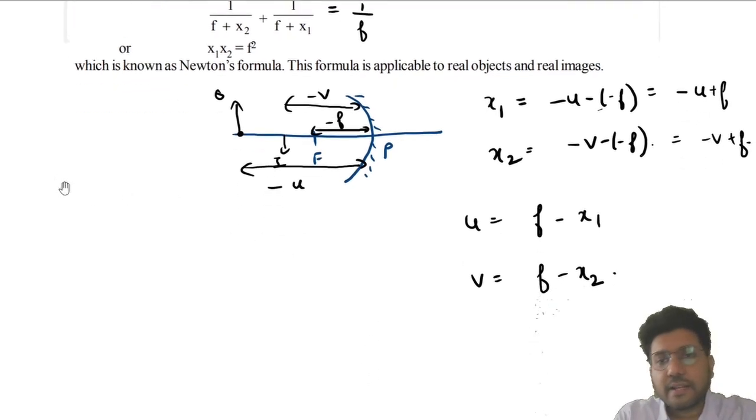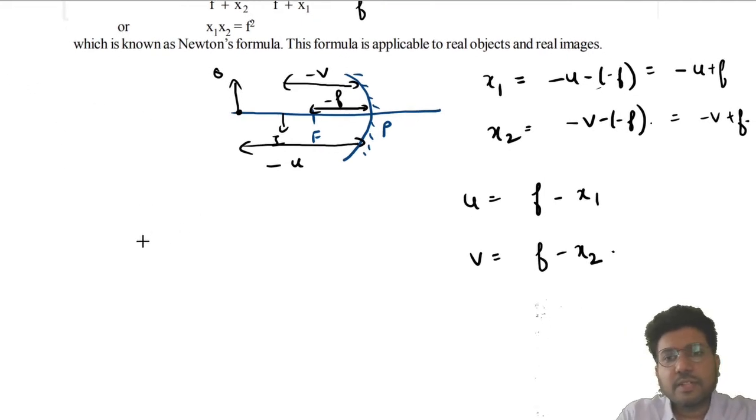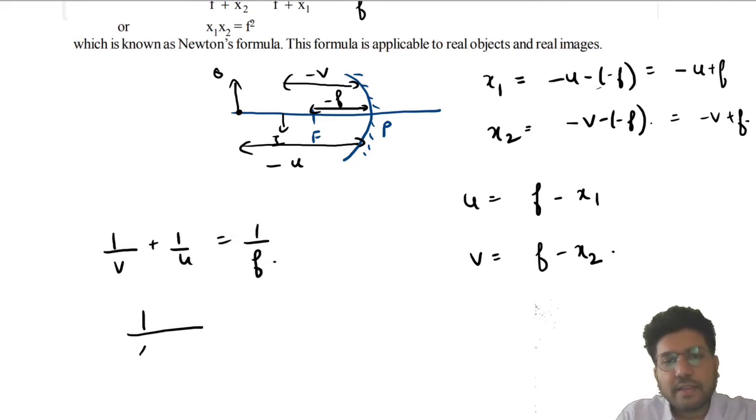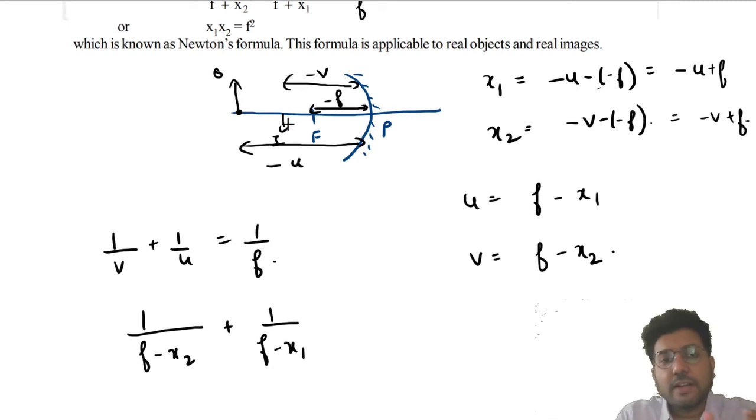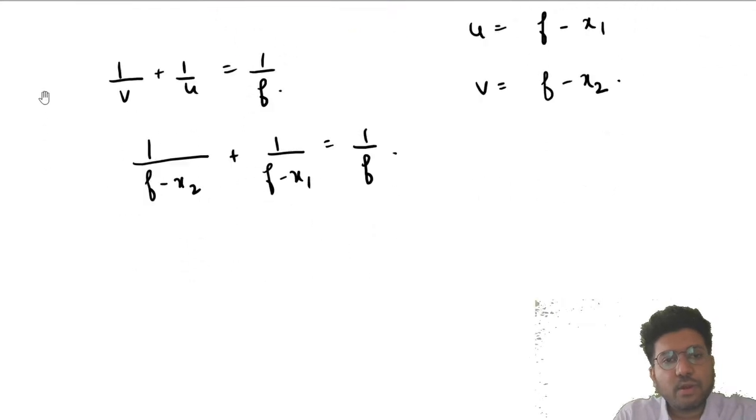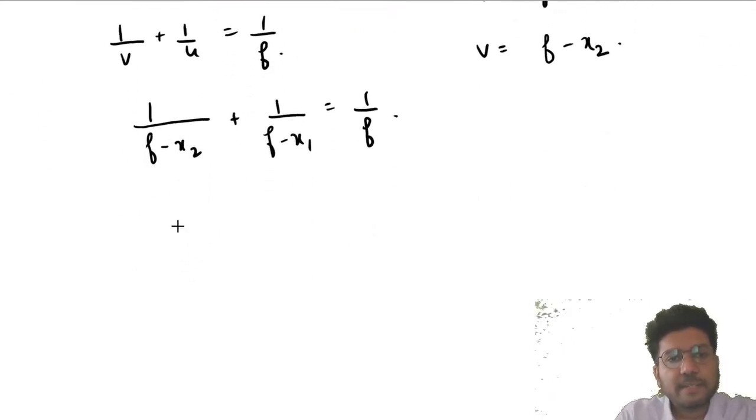Then we know that 1 by v plus 1 by u is 1 by f. Just put the values: 1 by f minus x2 plus 1 by f minus x1 is equal to 1 by f, where x1 and x2 are the object distance and image distance respectively, but measured from the focus, not from the pole. So when we solve this, let us see.